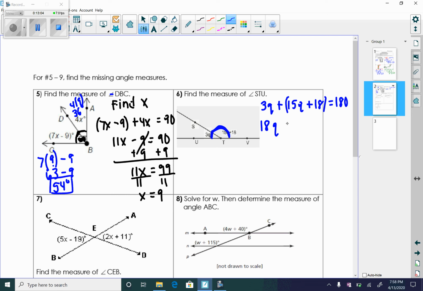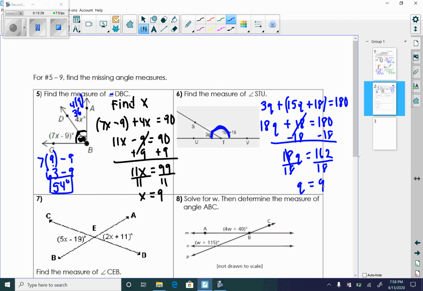Combine like terms, 18Q plus 18 equals 180. Subtract 18. 18Q equals 162. And Q comes out to be 9.